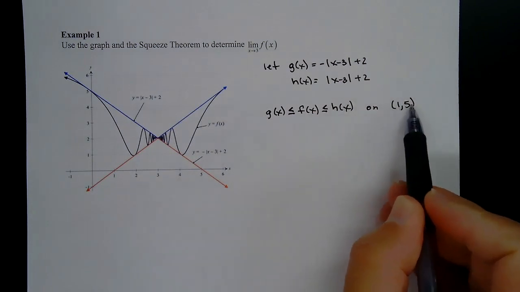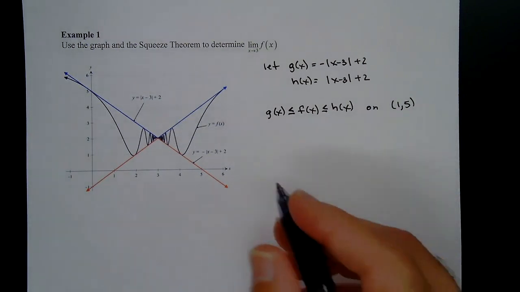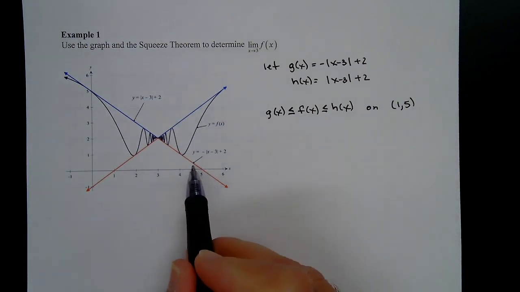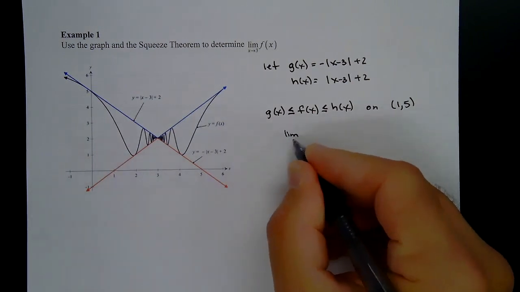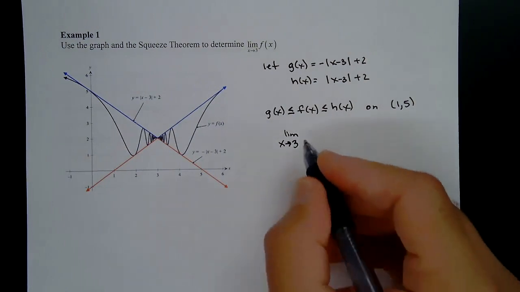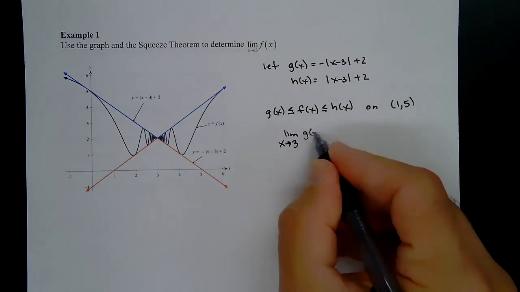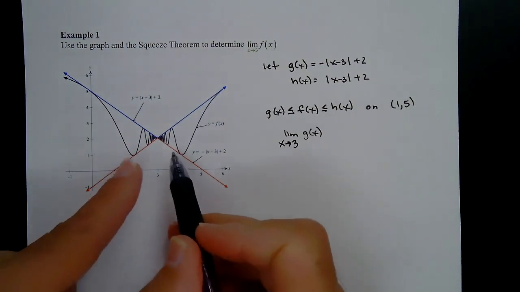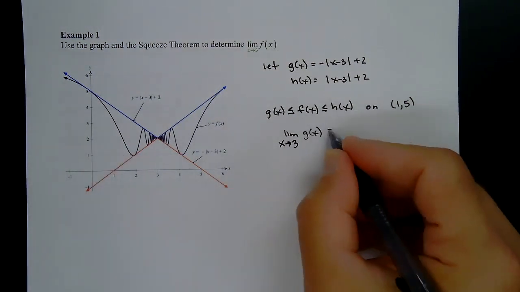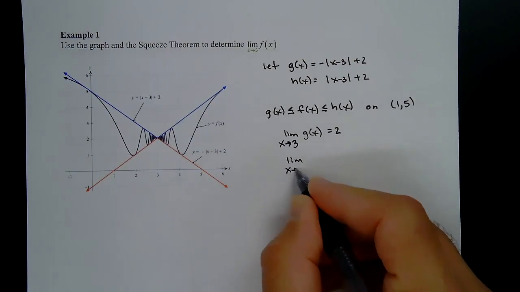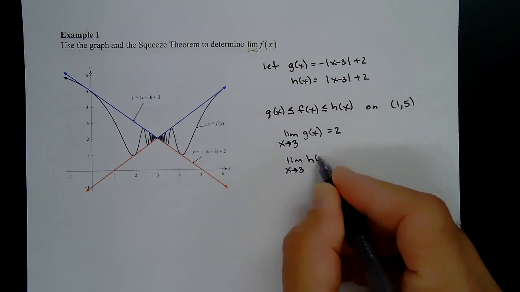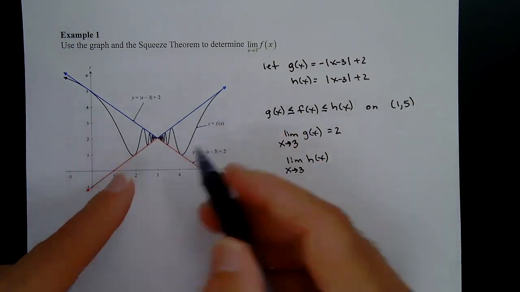So open interval means no endpoints, okay? What do we know about the limit of this one, right? It's approaching 2. So we know the limit as x approaches 3 of g of x, okay, so we can read it off the graph, that would be 2. And the limit as x approaches 3 of h of x, the top one, right? That's also 2.